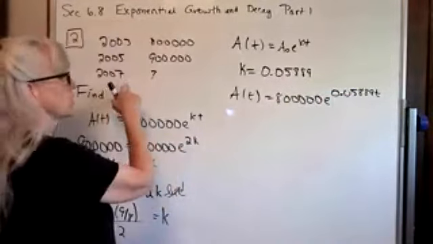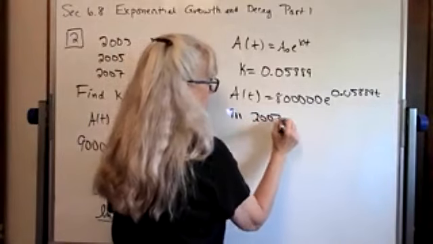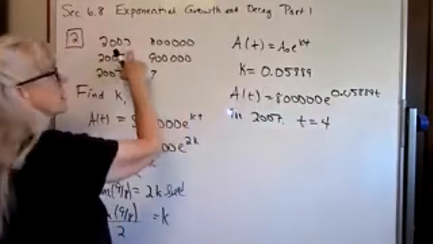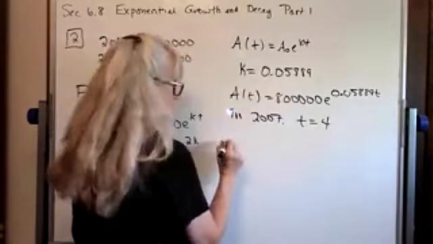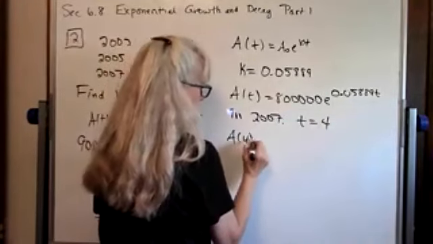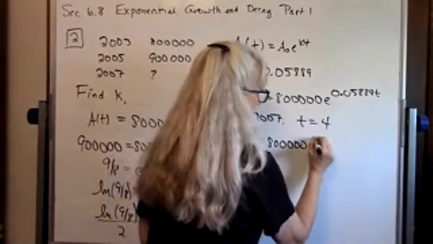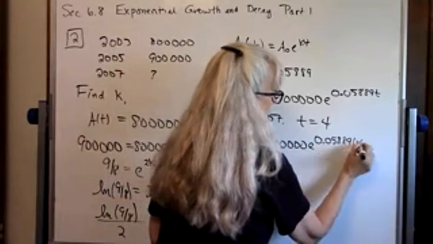Specifically, they want to know the population in 2007. In 2007, we know that t is equal to 4 years, 4 years after 2003. So 4 years into the future of this population. We're going to find A of 4. That would be 800,000 e to the 0.05889 times 4.